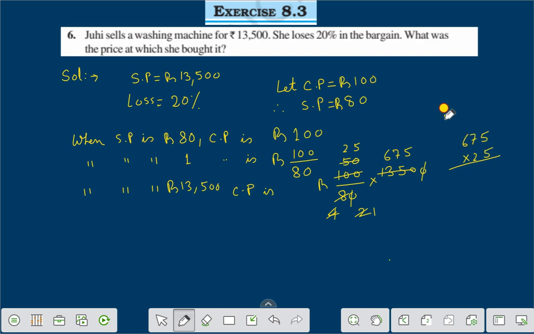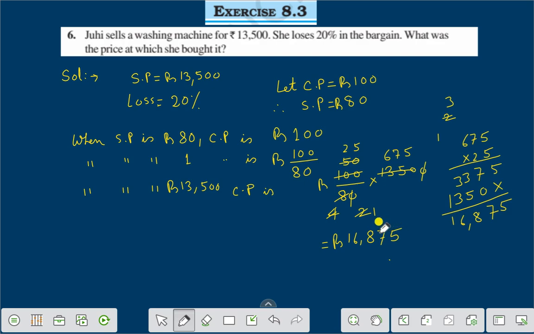That comes to 16,875. That is equal to rupees 16,875.